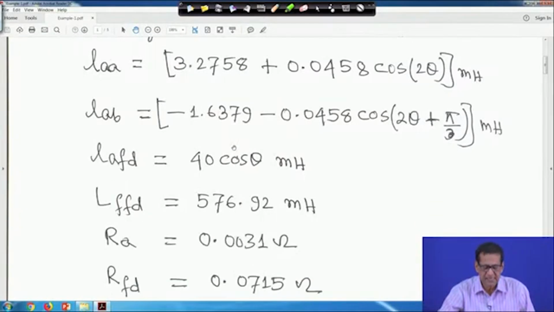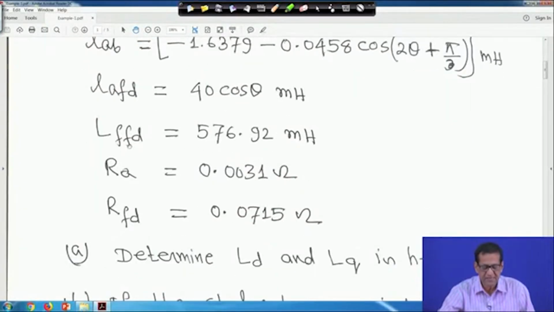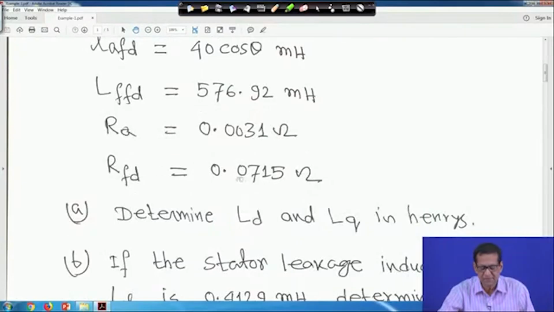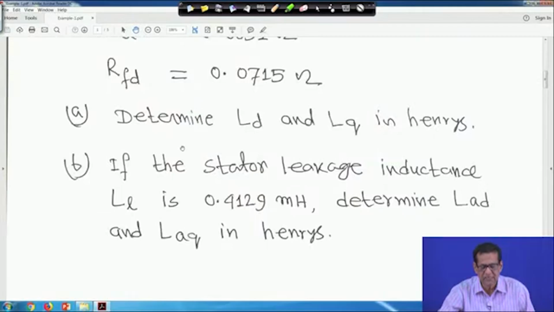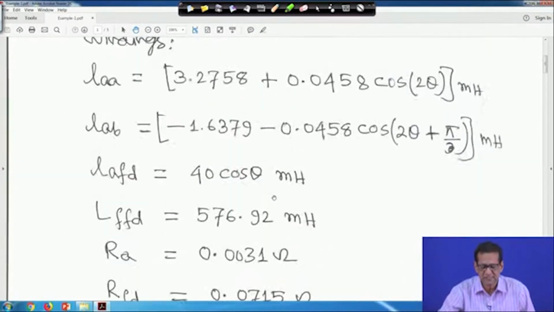LFD is 40 cos theta millihenry, LFFD is 576.92 millihenry, RA is 0.0031 ohm, RFD is 0.0715 ohm. So what you have to determine? You have to determine LD and LQ in henries. B, if the stator leakage inductance LL is 0.4129 millihenry, you have to determine LAD and LAQ in henries. So this is the problem.